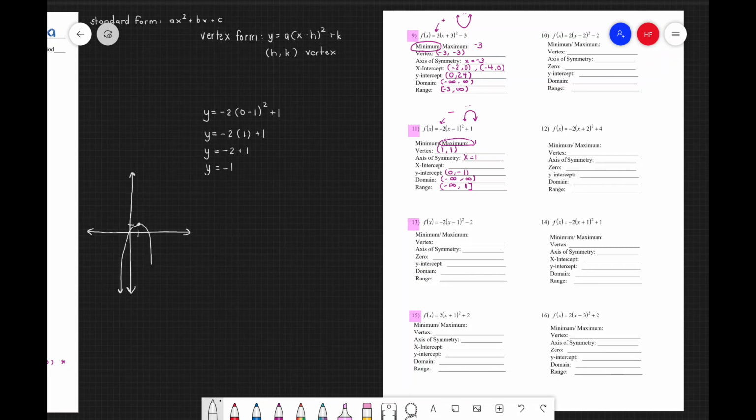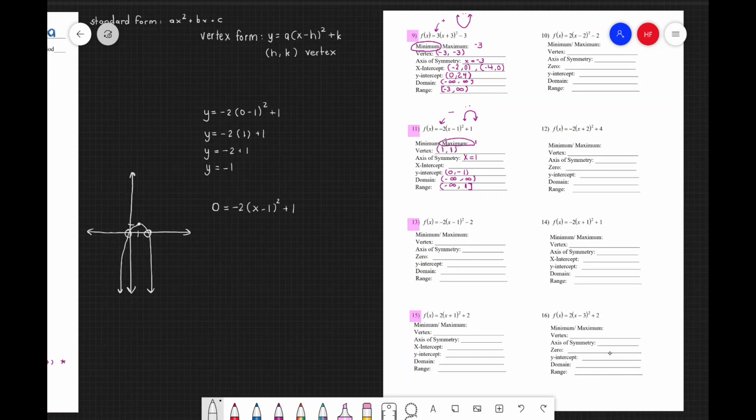So we do have zeros, and we have 2 of them. So in order to find my zeros, I'm going to plug in a 0 for y: 0 equals negative 2 times (x minus 1) squared plus 1. We're going to be dealing with fractions here.